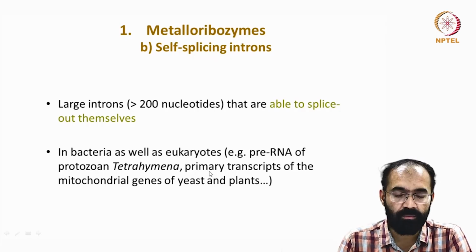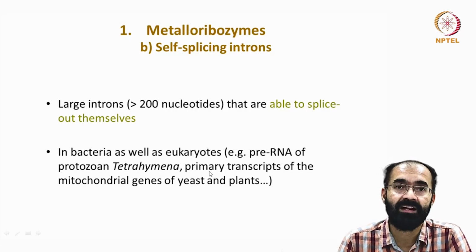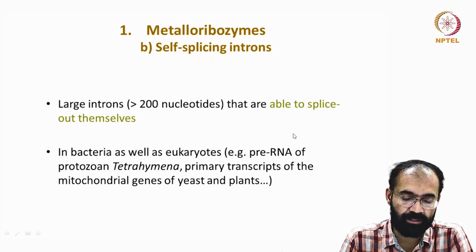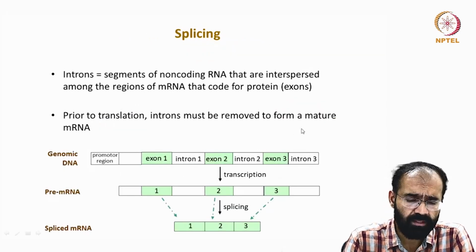When you talk about a self-splicing ribozyme or self-splicing intron, no other molecule comes from outside. It is basically the intron that folds in such a way that it can get itself out of the RNA structure. So that is called self-splicing introns or self-splicing ribozymes.